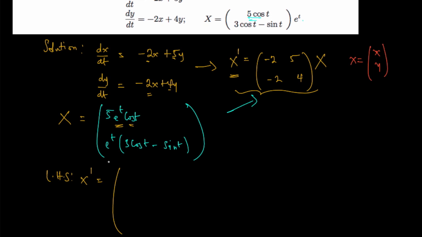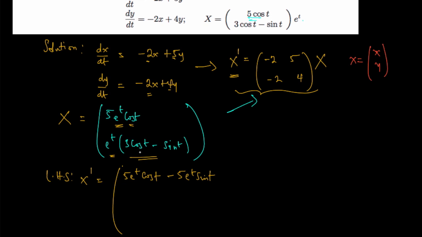So applying the product rule there, we're going to have 5e^t cos t minus, because the derivative of cos t is negative sin t, minus 5e^t sin t. And then similarly, we apply the product rule here.